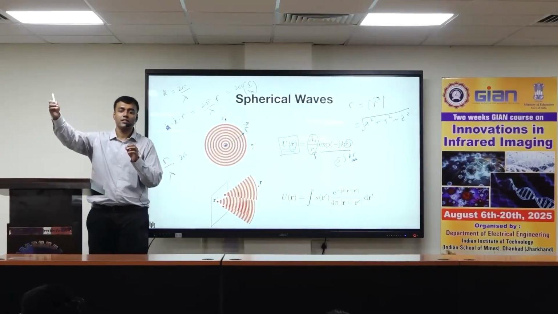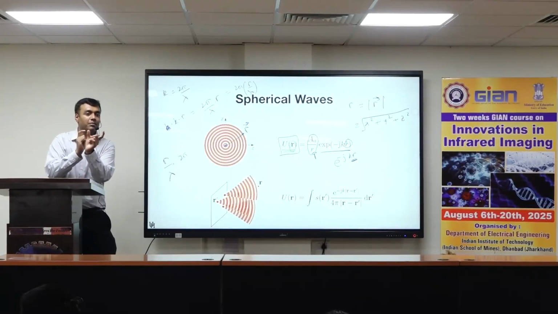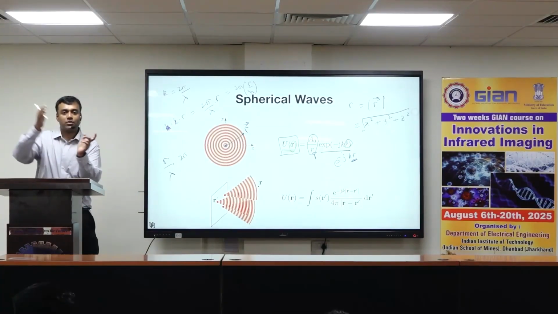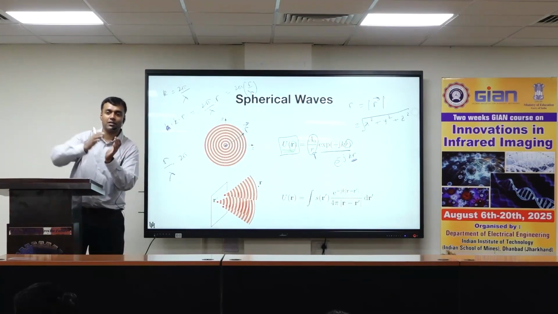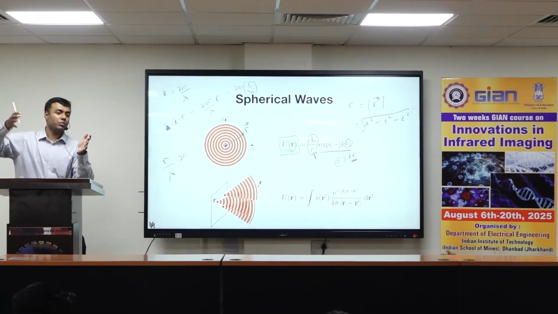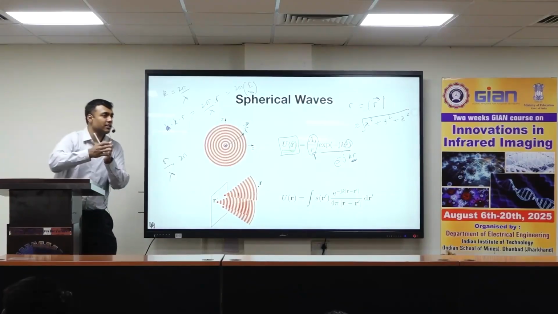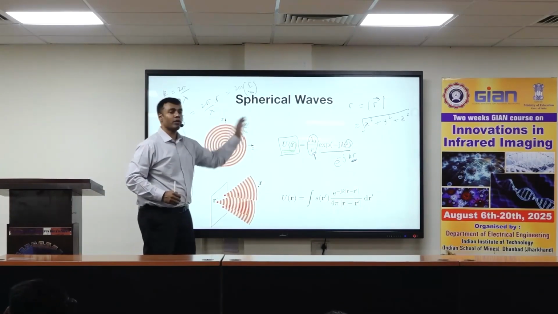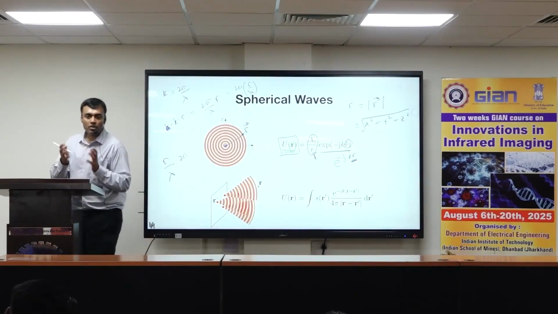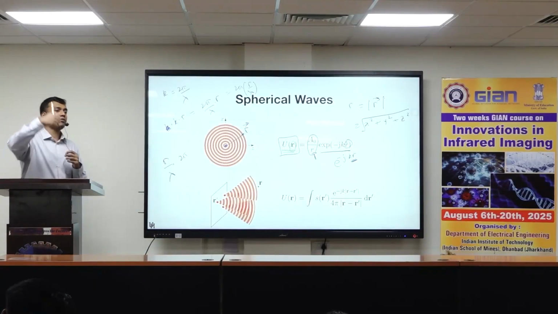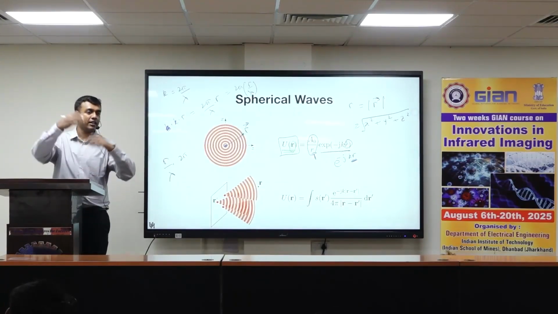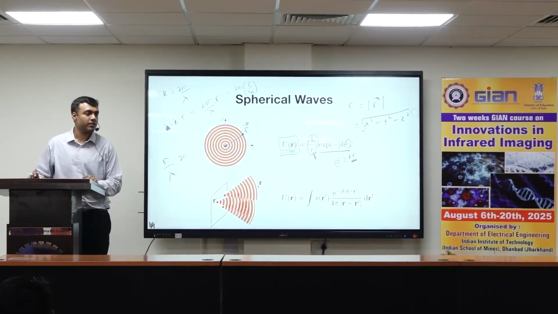Each wavelength, one lambda, corresponds to a 2 pi angle, so 10 lambdas or 20 lambdas corresponds to 10 times 2 pi or 20 times 2 pi. That is the amount of phase accumulated from where it started to where it has reached. So that is what we mean by how much phase has accumulated from point A to B. This is for any direction in spherical waves. That's how you interpret this particular equation.